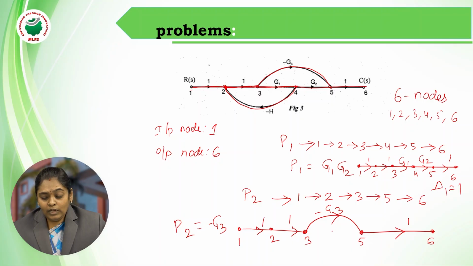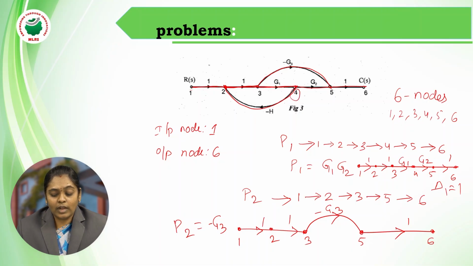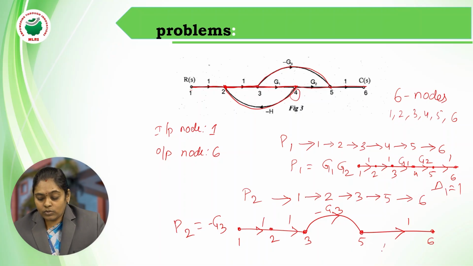Do you have any loop which consists of only node 4? There is one loop, 2, 3, 4 and again 2. But along with 4, you have other nodes also, 2 and 3. So delta 2 is also equal to 1 because we don't have any loop with only node 4.